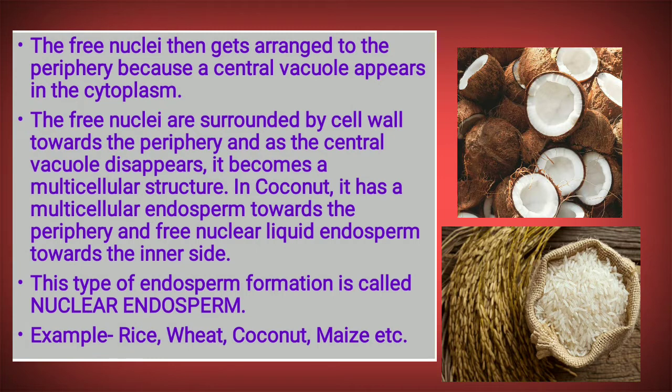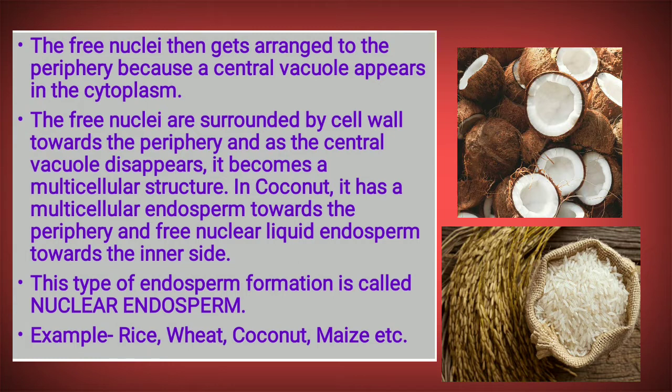And in case of coconut, the multicellular endosperm is towards the periphery, and it becomes the endosperm meat, whereas those free nuclei get arranged towards the inner part of the ovule and accumulate fluid and later become the liquid endosperm.